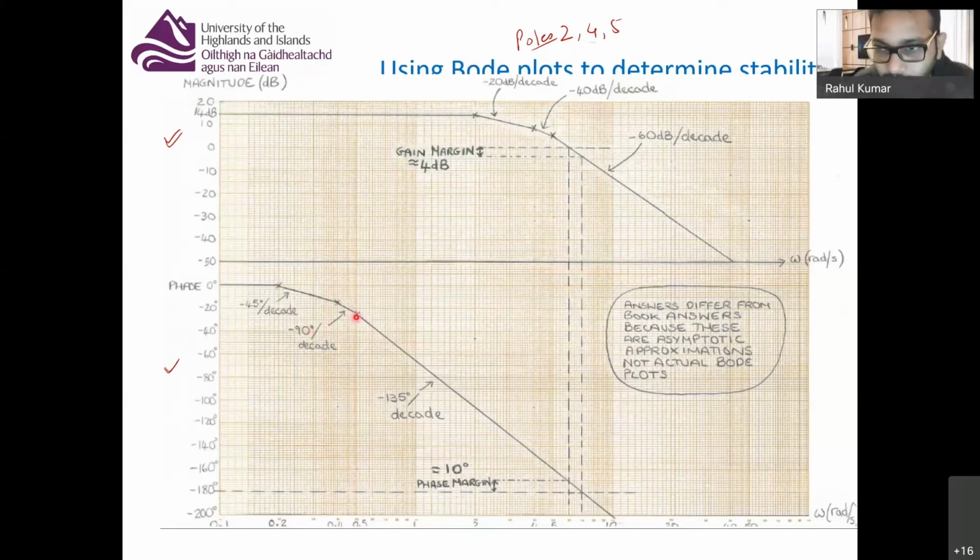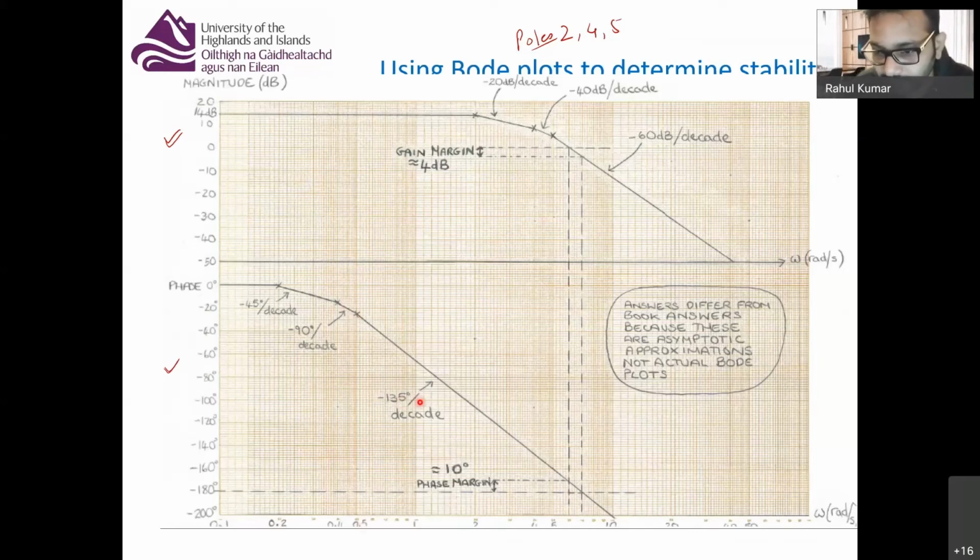Then the next pole is at 5, so the effect will start from 0.5 and it will go all the way up to 50 radians per second. So after 0.5 your slope further reduces by minus 45. So altogether you have minus 90 minus 45, that is altogether minus 135 degrees per decade.